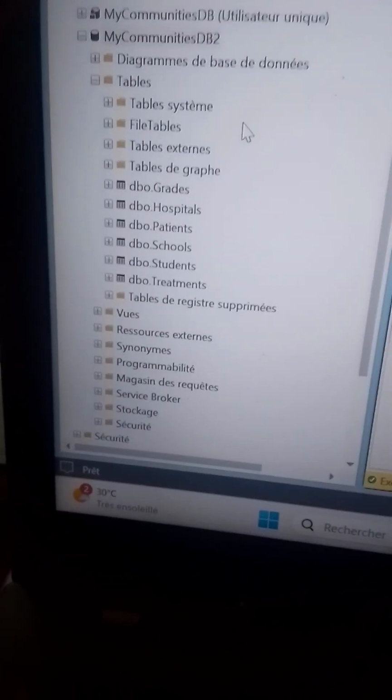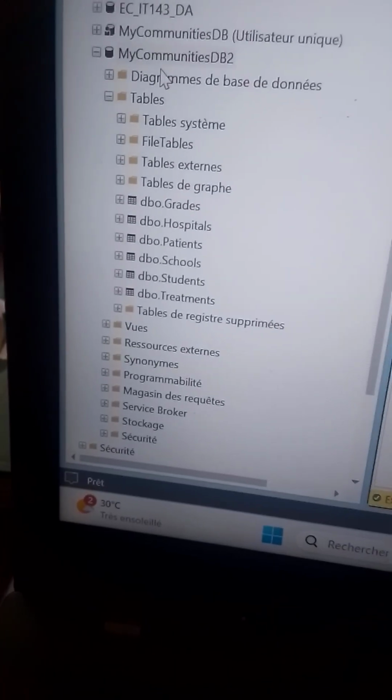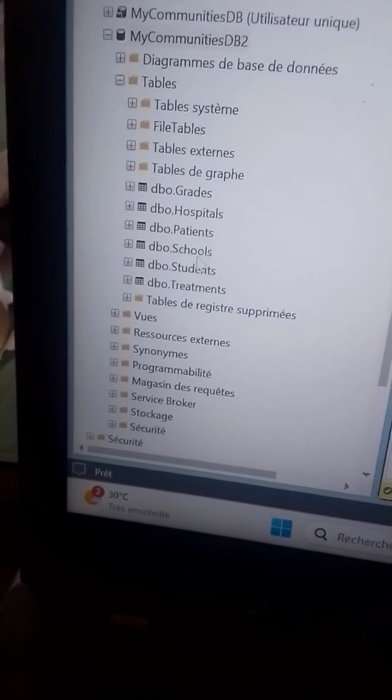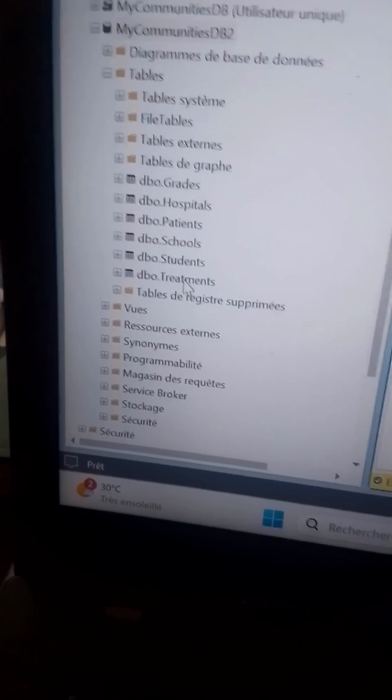And this is the result for my community education and my community health, also for the questions I answered. And this is the table I created for my community DB. And I created grade, hospital, patient, school, student, treatment.